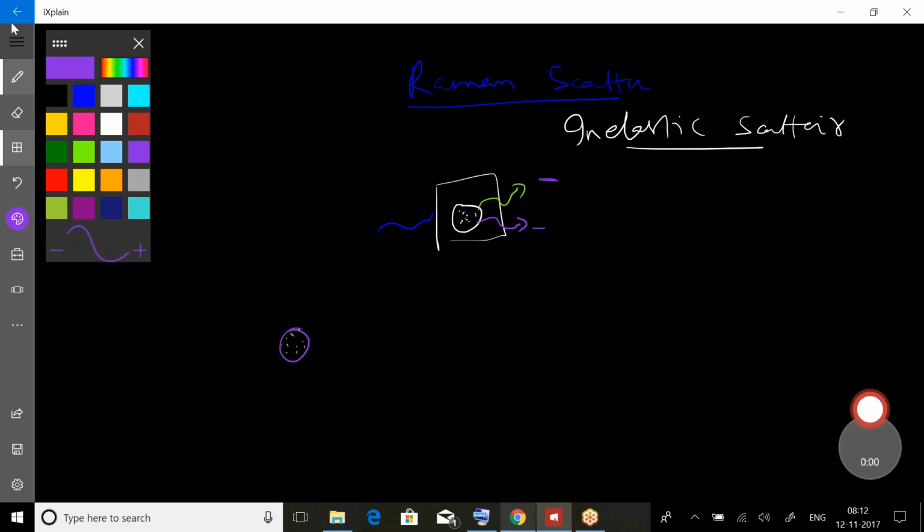We have two different types of cells: one expressing a low level of the protein, the other a high level. When we run them in the flow cytometer, this cell gives me higher fluorescence, and these cells give me lower fluorescence. So on the basis of fluorescence, we can discriminate which contains more of the desired protein and which contains less.